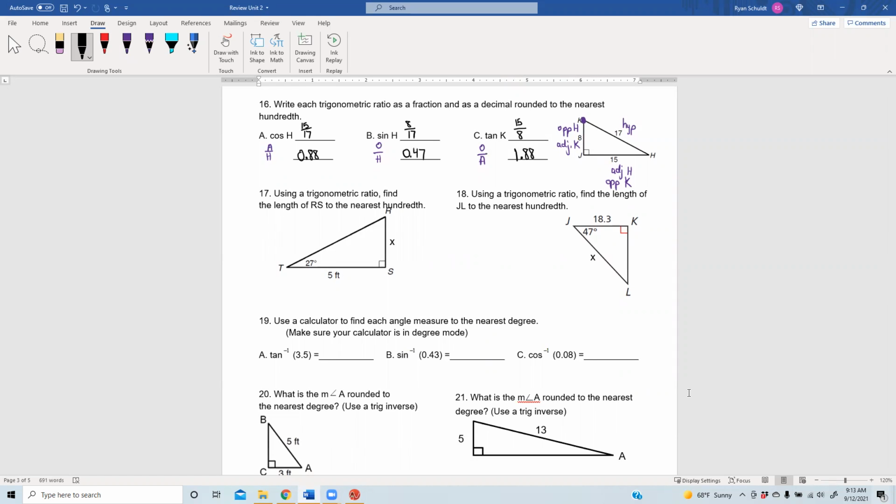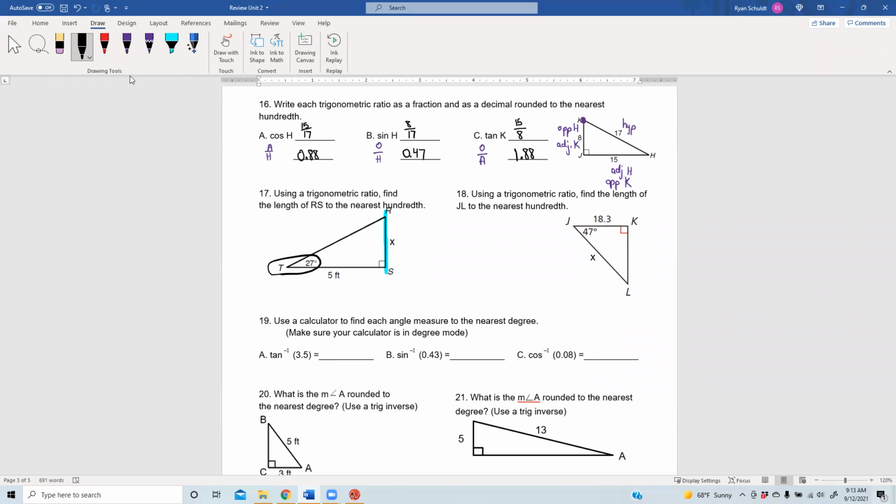Okay, 17. They want us to use the trig ratio to find the length of RS. RS is right there. That's the side I want. Circle the angle they give you.